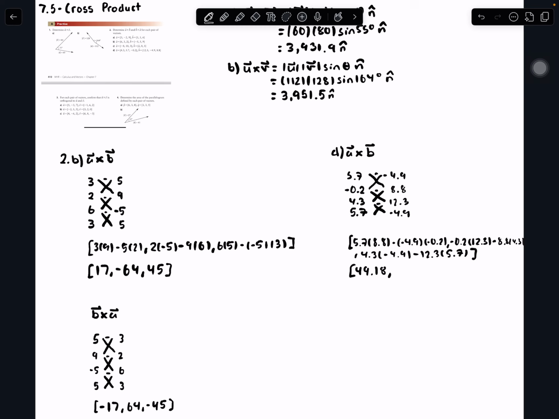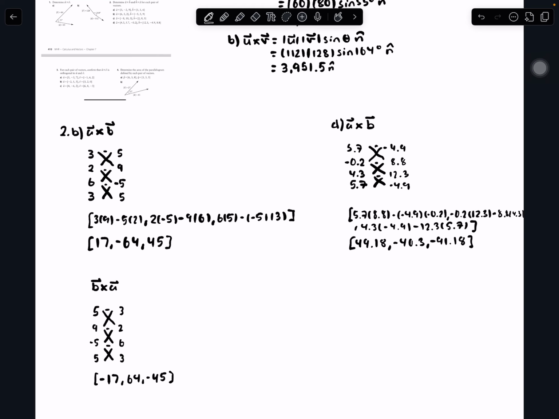Include every single negative you see. Minus 8.8 times 4.3 minus 40.3. Okay. And then we have 4.3 times 4.9 minus 12.3 times 5.7. 91.18. Beautiful. That's the vector we get.